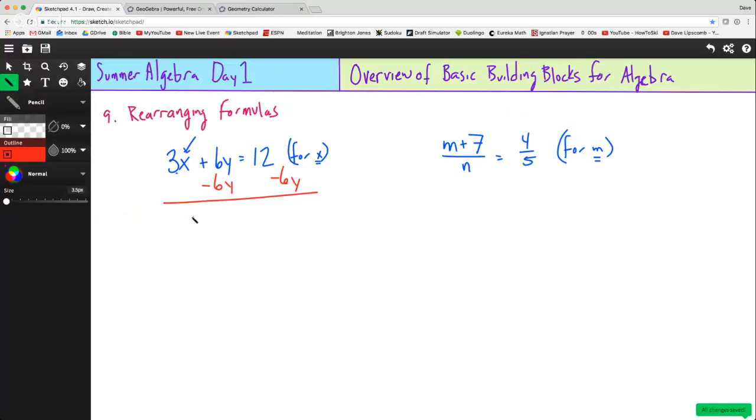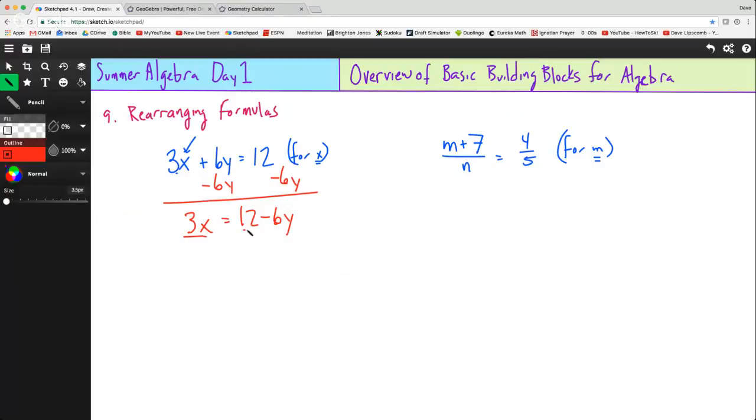And now we have 3x equals 12 minus 6y, right? We're doing the same types of operations to both sides. We're using our subtraction, multiplication, and division properties of equality, but we're not going to get a number for an answer.